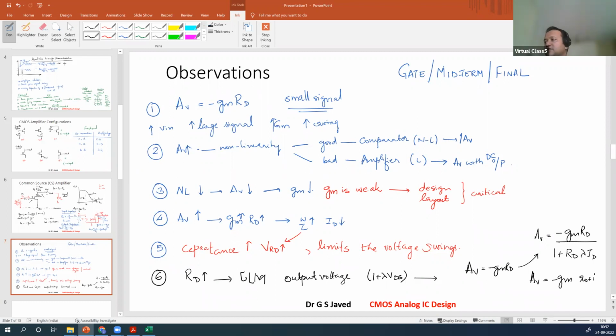So r0 RD divided by r0 plus RD. How can you see this? This effectively lowers the gain. This can be easily visualized in your small signal analysis.